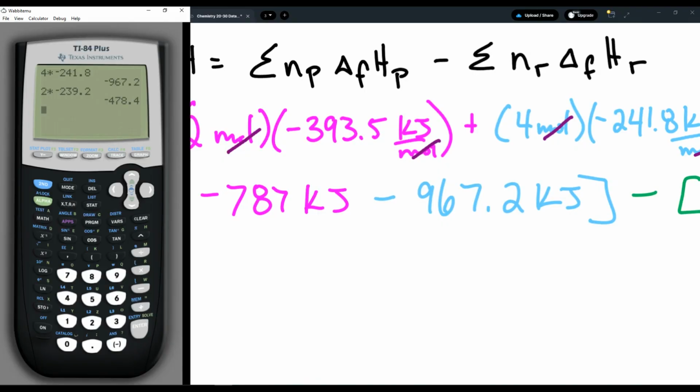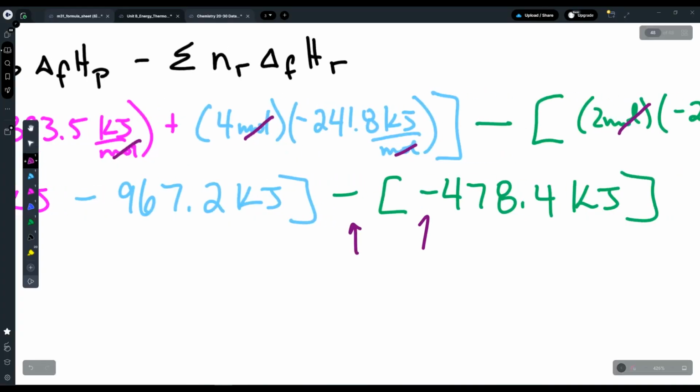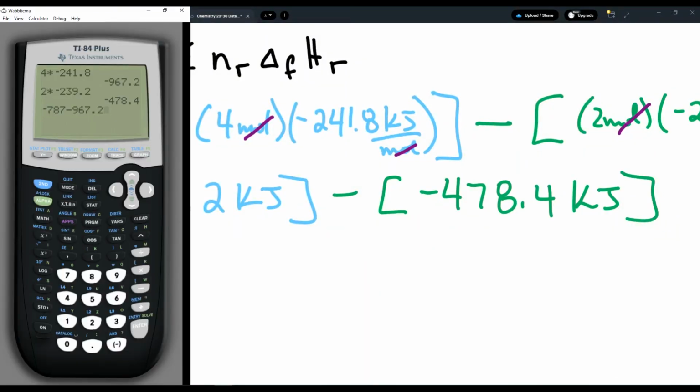All right, so now we're just going to figure out what all this equals. So negative 787 minus 967.2, and then we have another negative times a negative, so that's a positive 478.4.